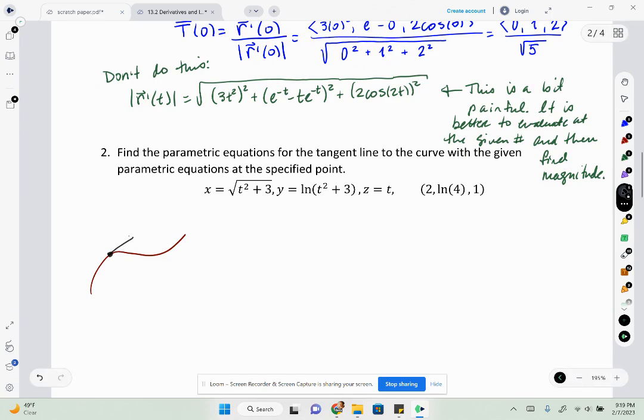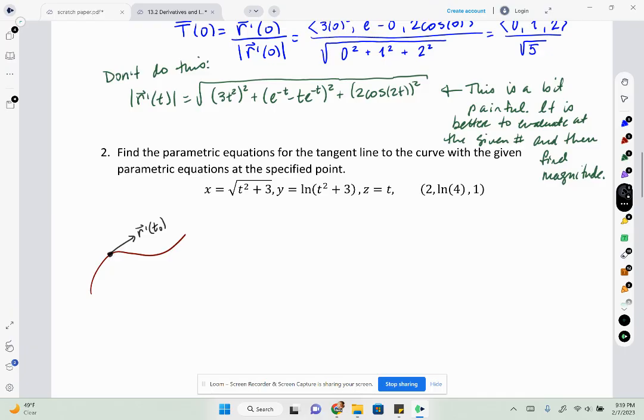If we find the derivative and evaluate it at the point, we're going to have some r prime of t naught. I'll call it t naught for now. That way we know it's a number and it's not a variable. So let's say that this is what we have.